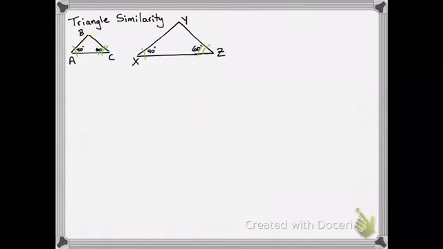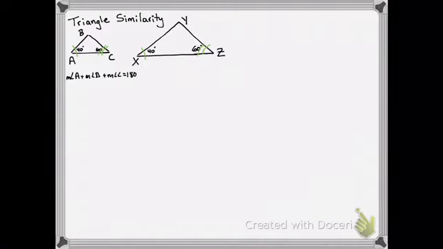So what I want to do is go through and prove that really quick for you. We're not going to do anything super formal. But we would be given the fact that angle A and X are congruent and angle C and Z are congruent, because that's what we started with. Based on the triangle sum theorem, the measurement of angle A plus the measurement of angle B plus the measurement of angle C has to equal 180 degrees.